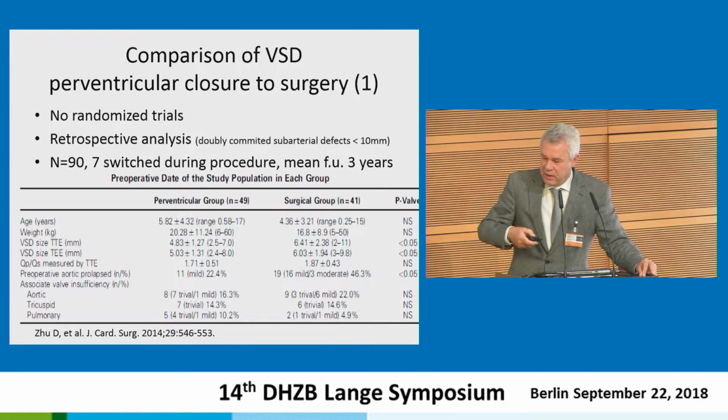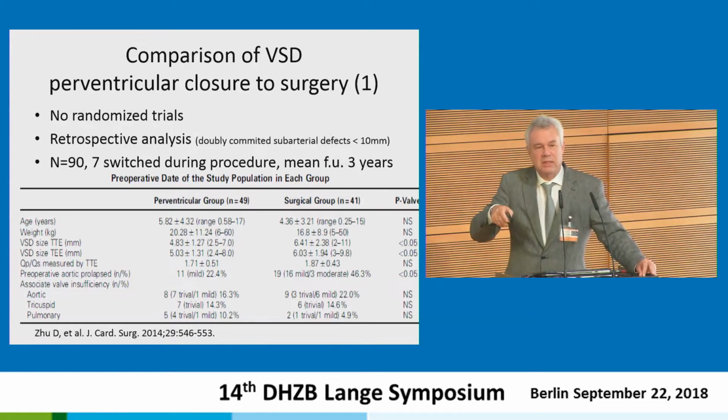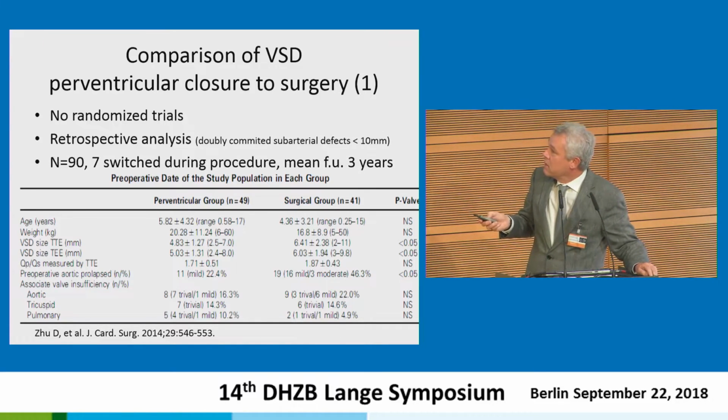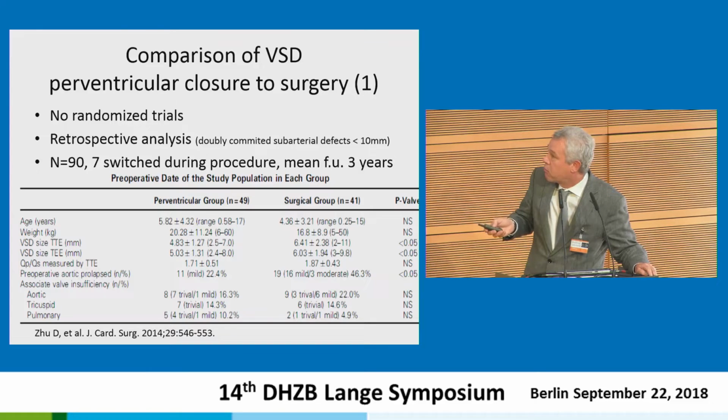But in the beginning, 56 patients had entered the perventricular group, but then they changed. So you see the age is more or less the same, the weight is more or less the same, and now we come to the problems.